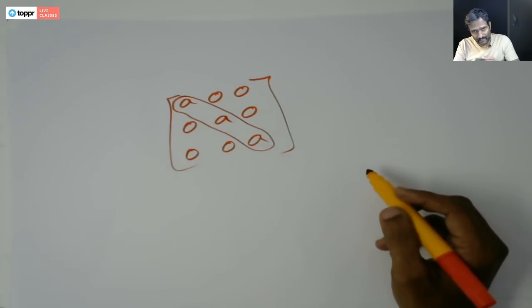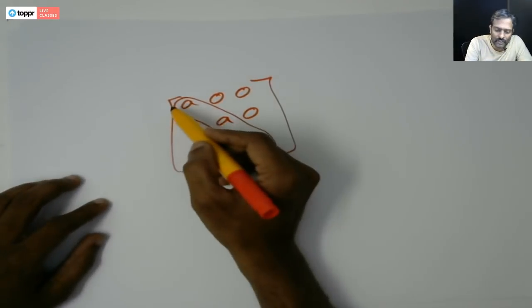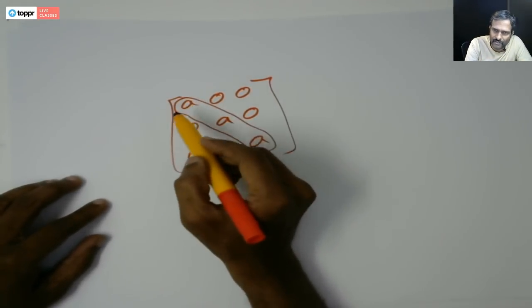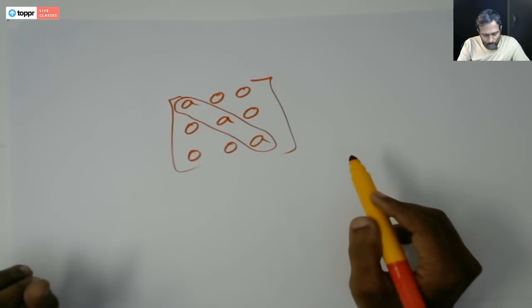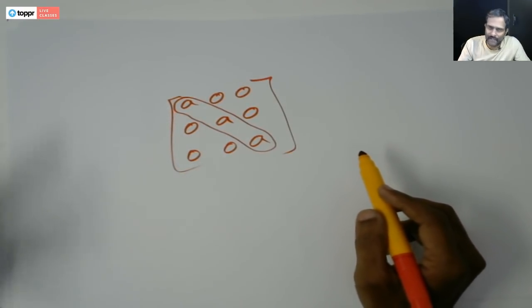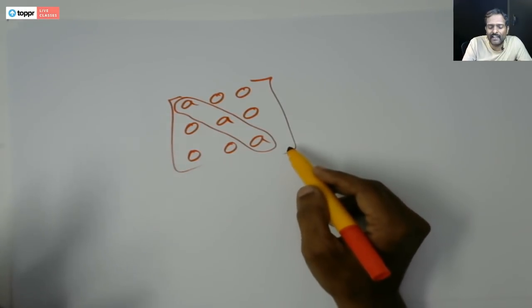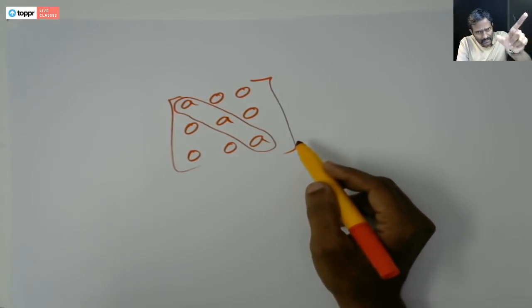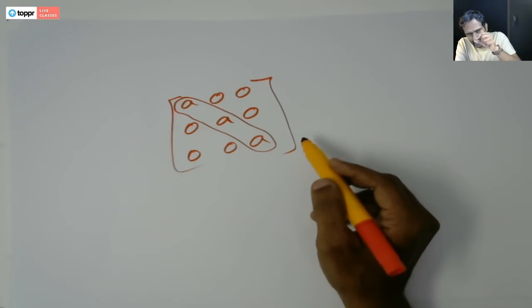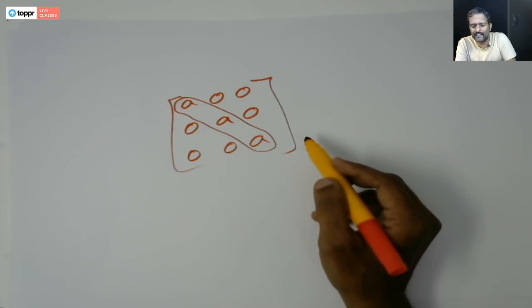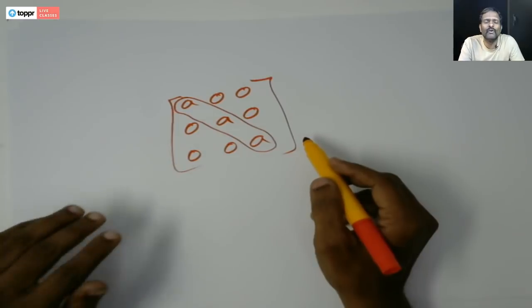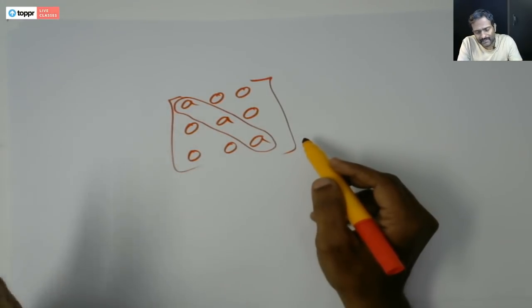Remaining all non-diagonal elements are zeros, right? So the diagonal elements are non-zero, and all of them are equal to one particular number, which is A. It can be 5, 6, 7, whatever it is, one particular number. So this is called a scalar matrix. When the principal diagonal has the same element throughout it, and the remaining all elements are 0, then it is called a scalar matrix.